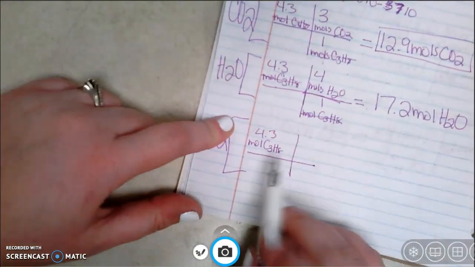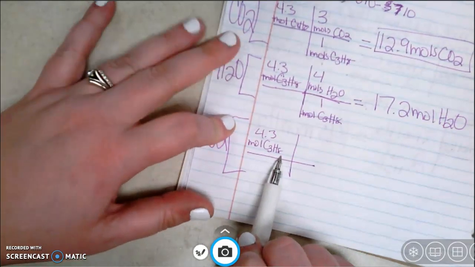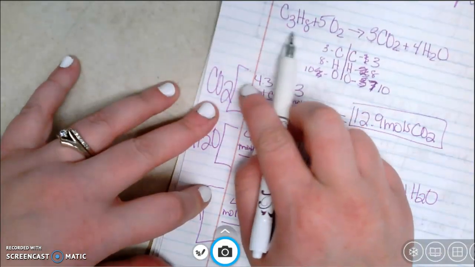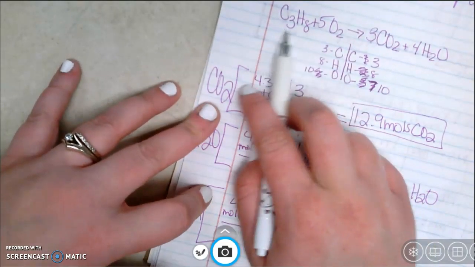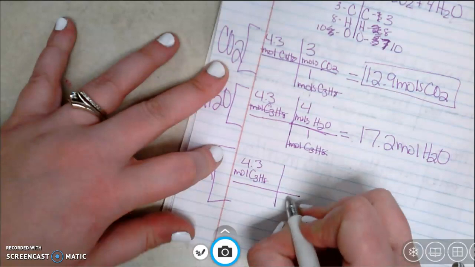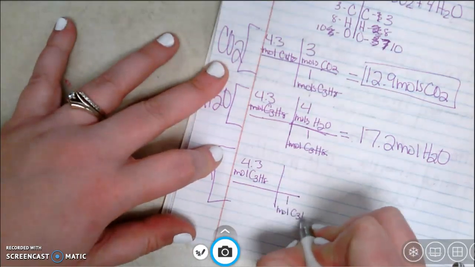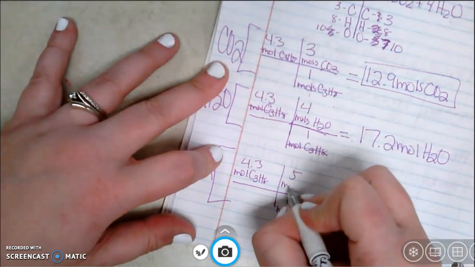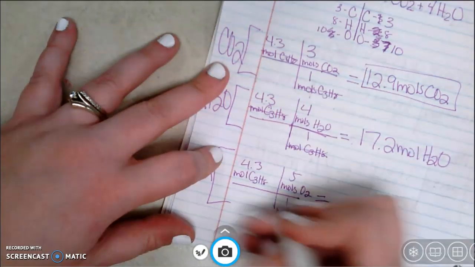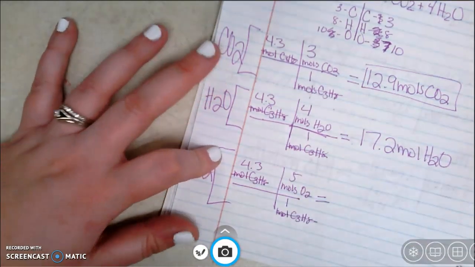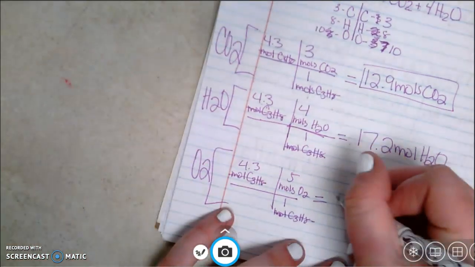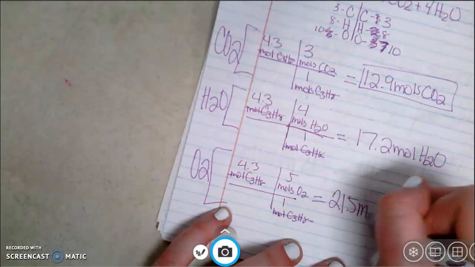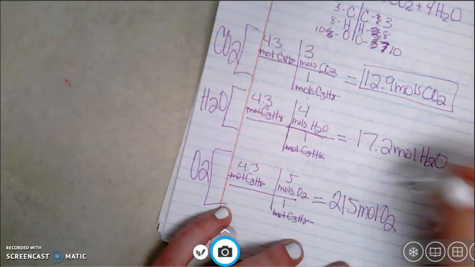Now if we look back at our conversion factor, I know that 1 mole of C3H8 needs 5 moles of oxygen. The moles of C3H8 cancel, and so I'm left with moles of oxygen. So 4.3 times 5 is 21.5 moles of oxygen.